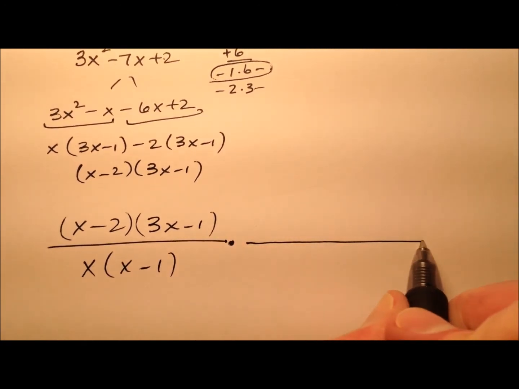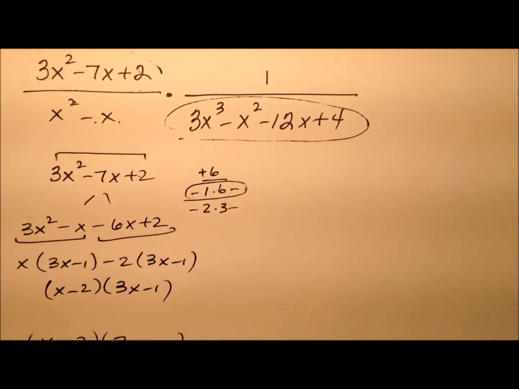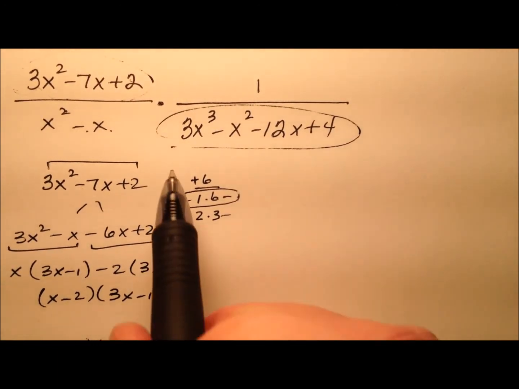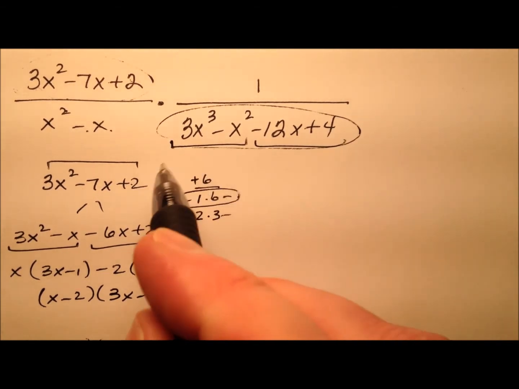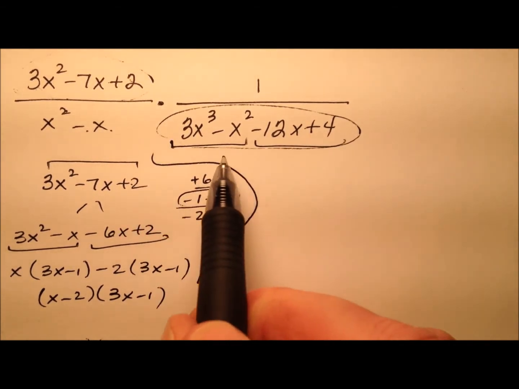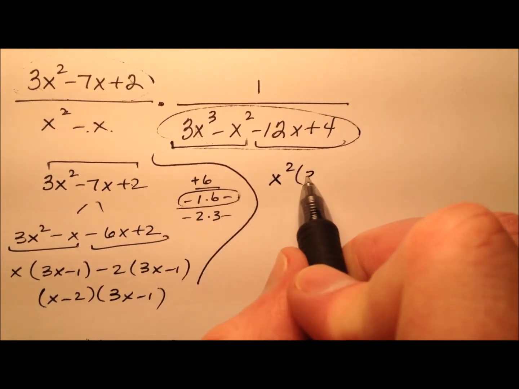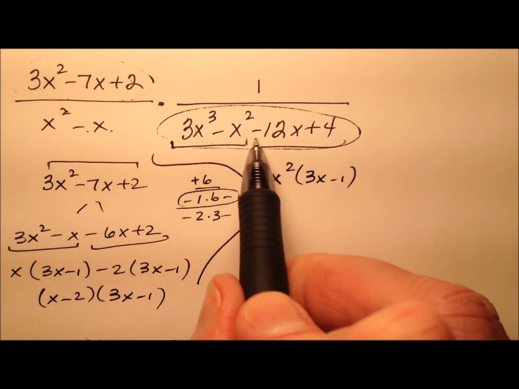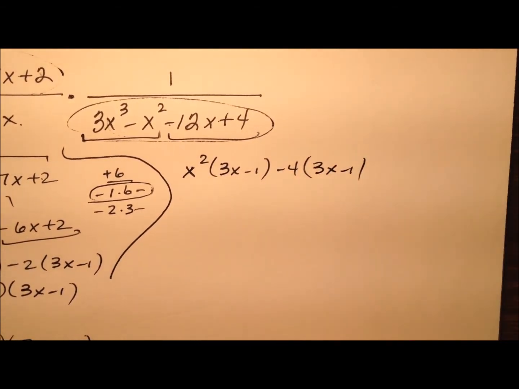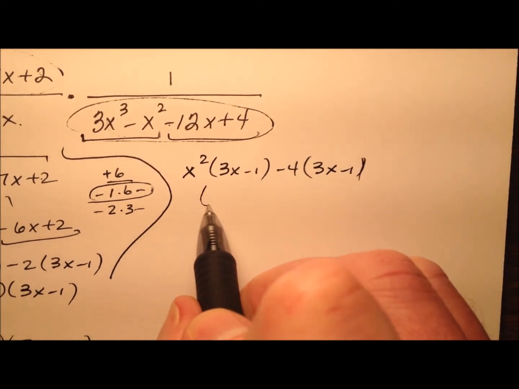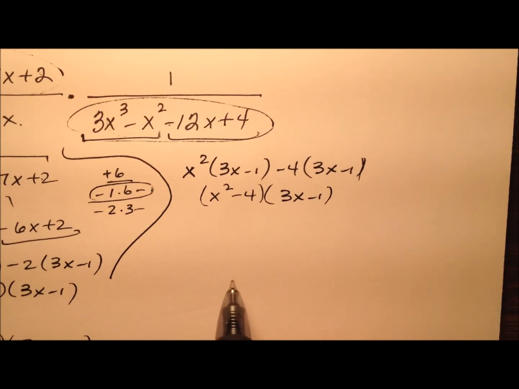And my multiplication here, well, I've got to factor this whole thing now. It looks like 4 terms, so it could be that I can use grouping right away. I can pull an x squared out of the first two and I'll get 3x minus 1, and a negative 4 out of the second two and get 3x minus 1. So x squared minus 4 times 3x minus 1.